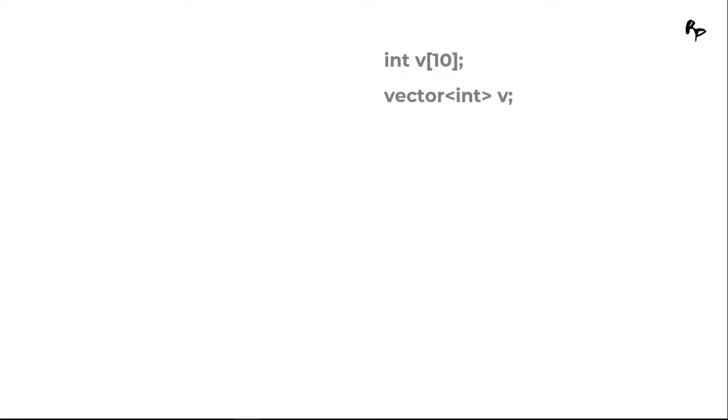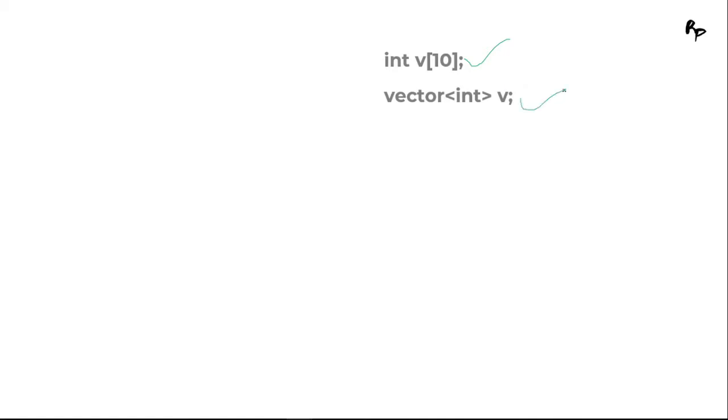Before starting with vectors, let us understand the difference between a vector and an array. As you can see, I have declared a vector v as well as an array v of size 10. So what is the basic difference between these two? The bare minimum difference is that this array of size 10 is static, whereas this vector v is dynamic.